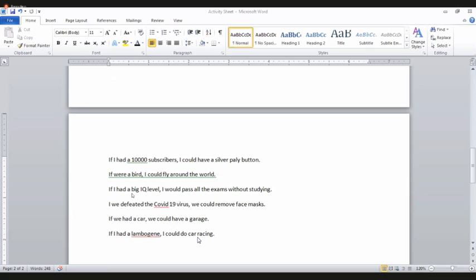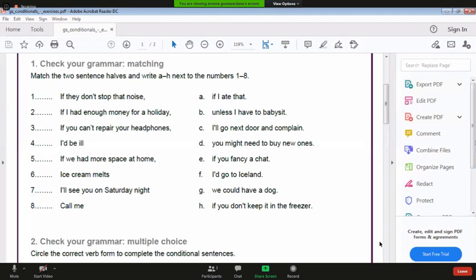Let me open up the activity sheet. Can you see?